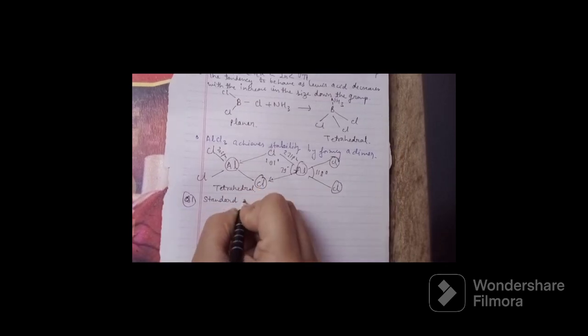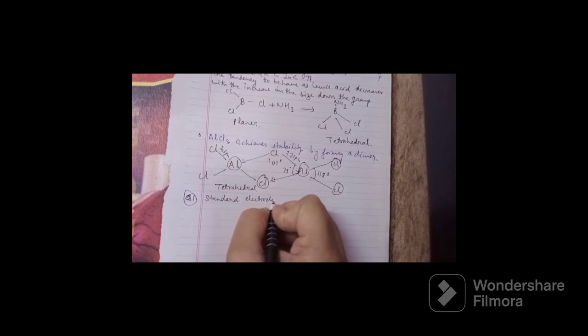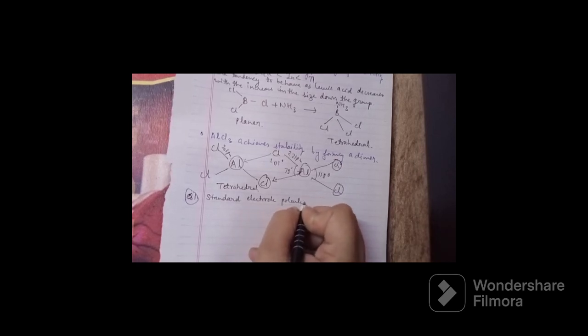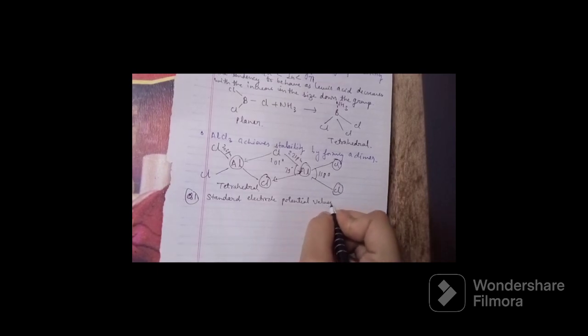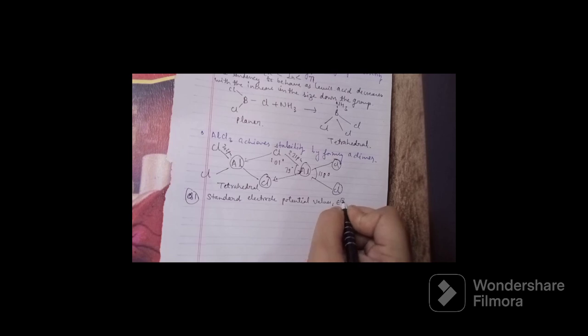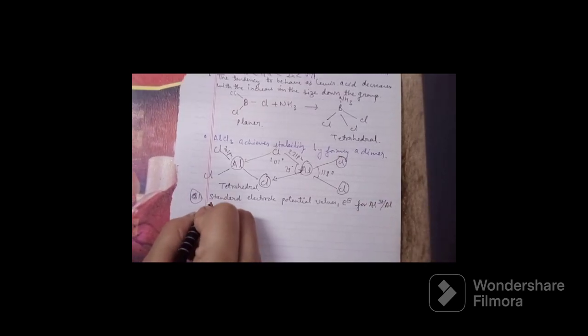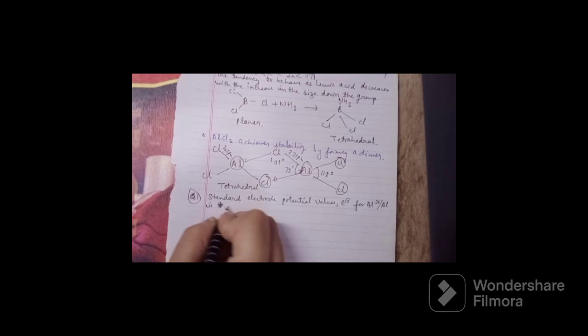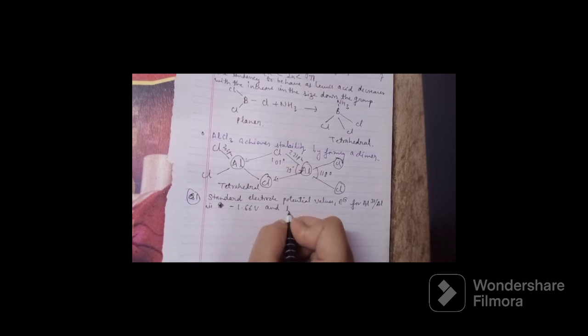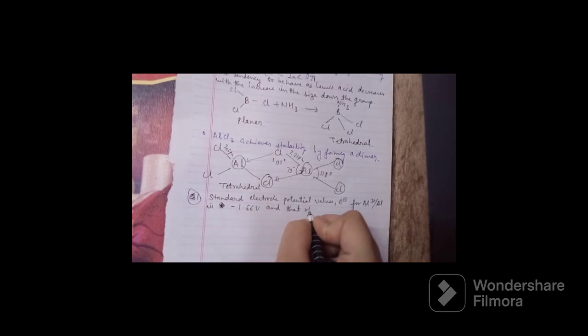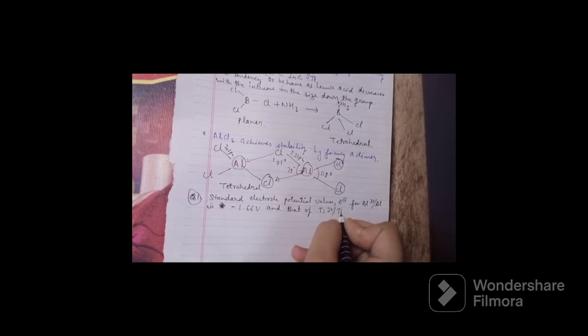Standard electrode potential values for Al3 plus by Al is minus 1.66 volt, and that of Tl3 plus by Tl is plus 1.26 volt.